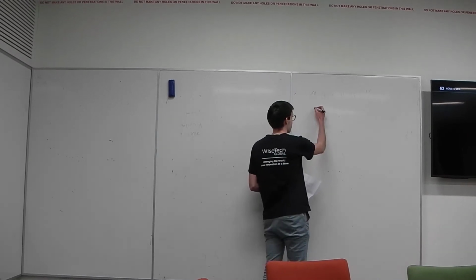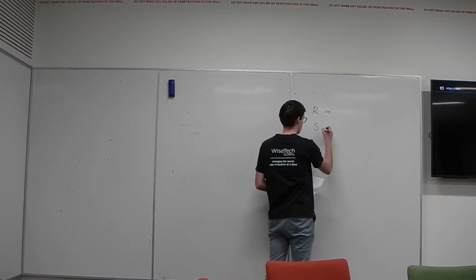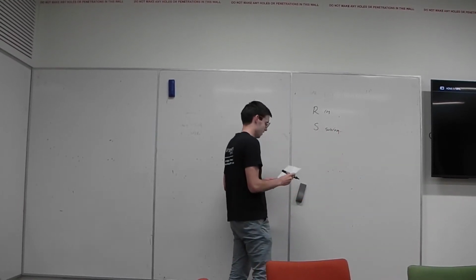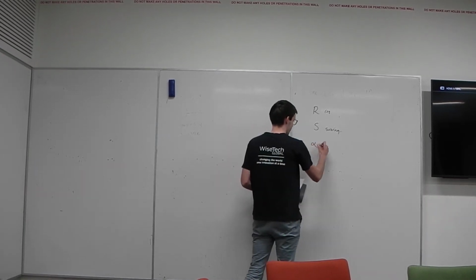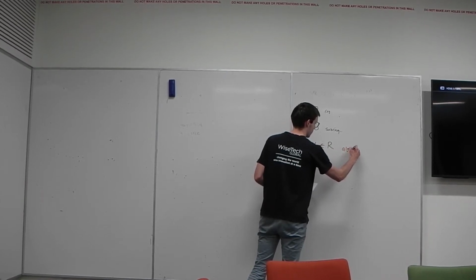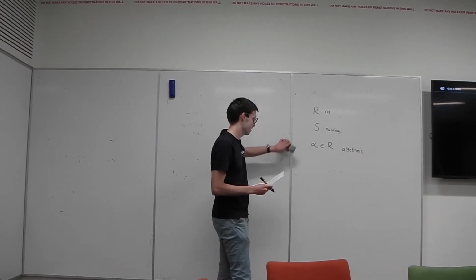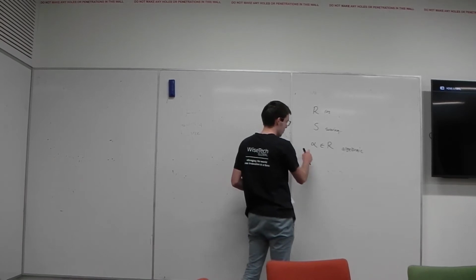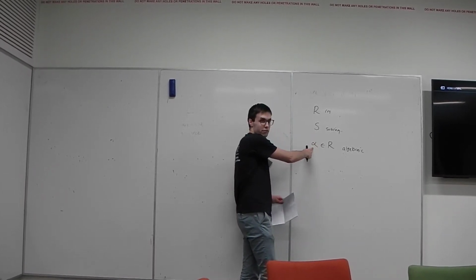We've got a ring R, and S is a subring of R. Then we're going to call a number alpha in R algebraic over S if we can write a polynomial whose coefficients are in S which has alpha as a root.